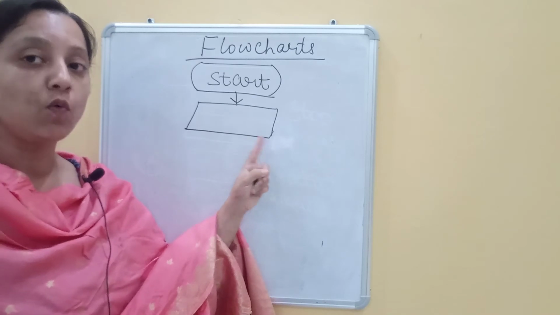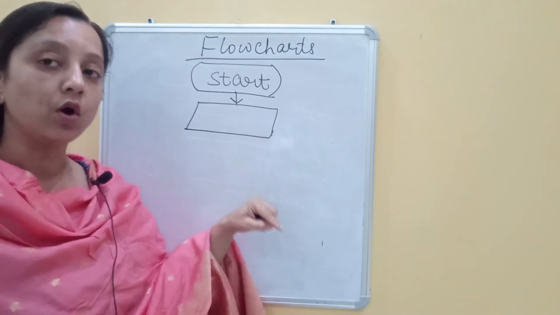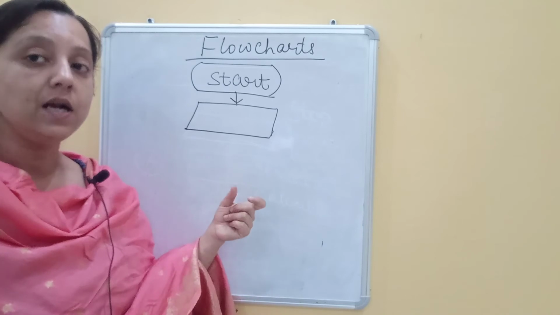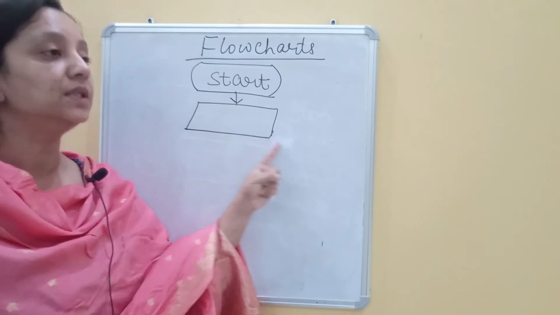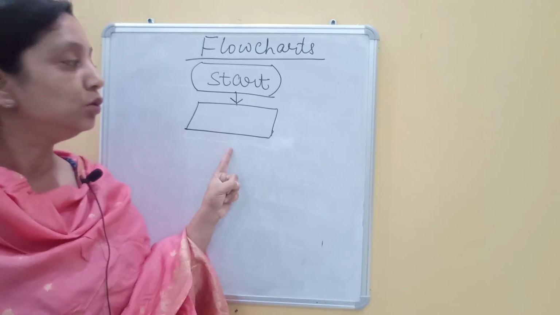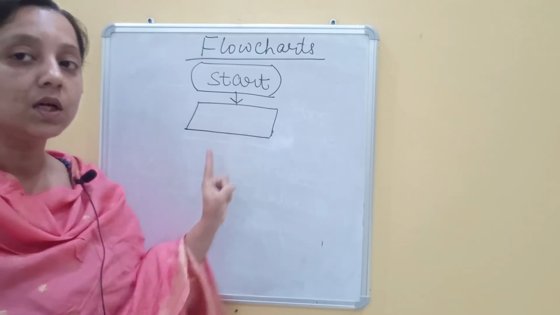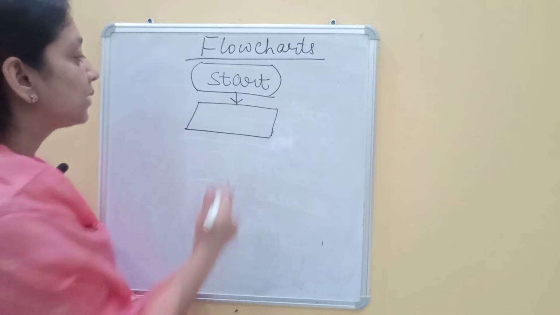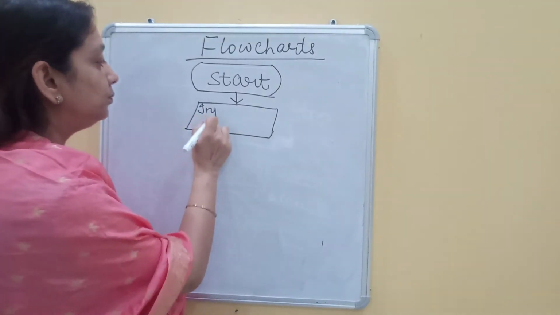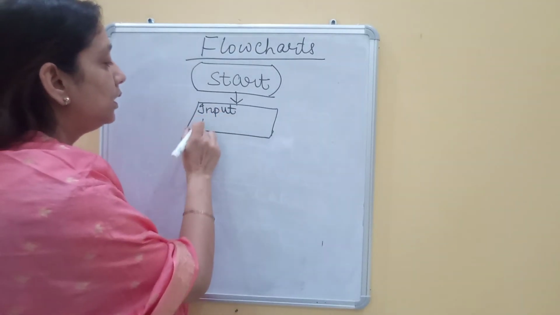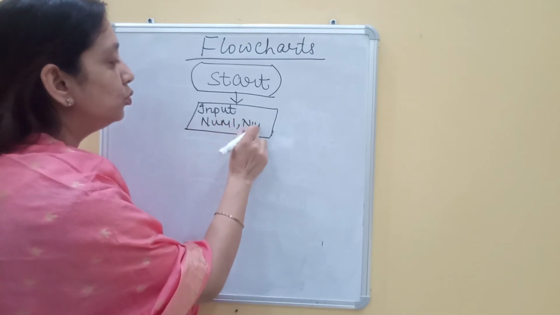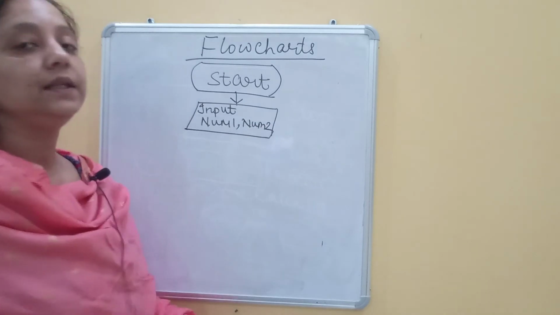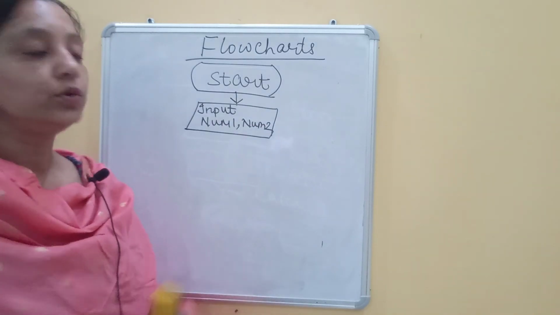As I told you, whatever information or data we do not know, we take it from the end user. Here I do not know what those two numbers are, so I will take them from the end user through this input and output box. So what will I say? I will say input num1, num2.